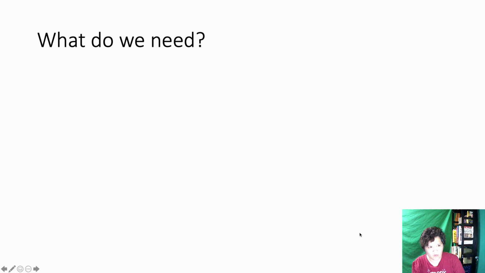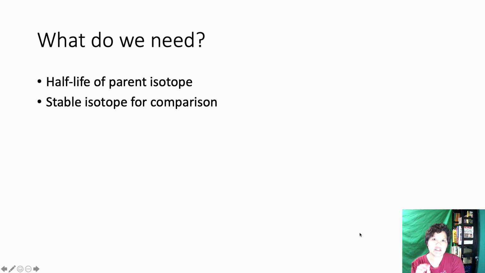And what do we need for that? First of all, we need to know the half-life of the parent isotope. And we also need to use a stable isotope for comparison before we measure either of these things, whether we're measuring just the parent isotope or both the parent and the daughter isotope. We're always going to compare it to a stable isotope.